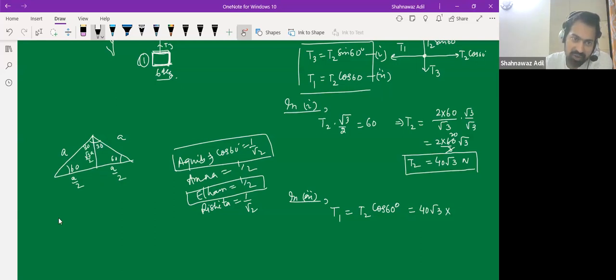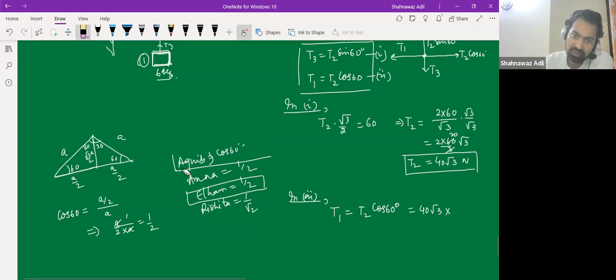Now cos 60 is base by hypotenuse. Base is A by 2 and hypotenuse is A, so what will I get? Half. So half is correct, but you guys should remember this.